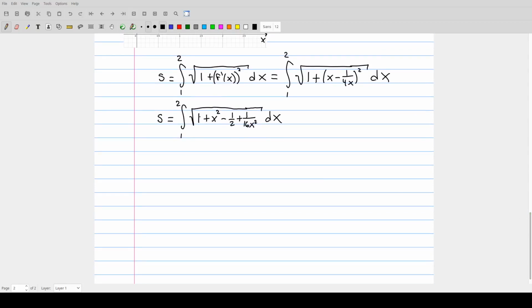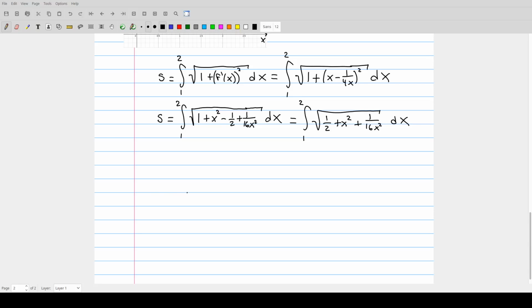So 1 minus 1/2 is 1/2. And this integral just becomes the integral from 1 to 2 of the square root of 1/2 plus x squared plus 1 over 16 x squared dx.